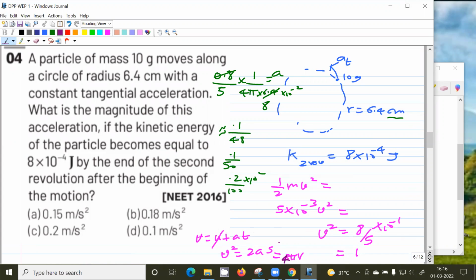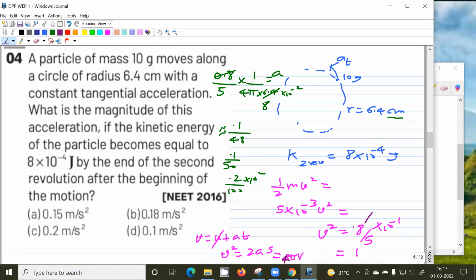So yes, it is 4 pi r, no sir. Yeah, I made a mistake there. So it is 8. But I think here I put it correctly, no? V square, how did you get 8? I got 16 into 10 power minus 2, sir.